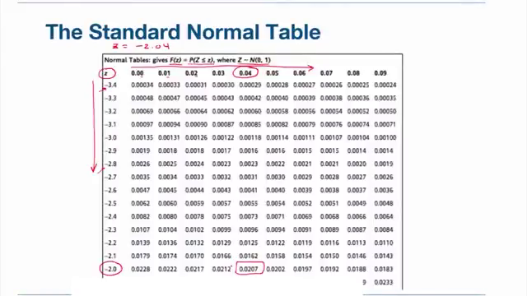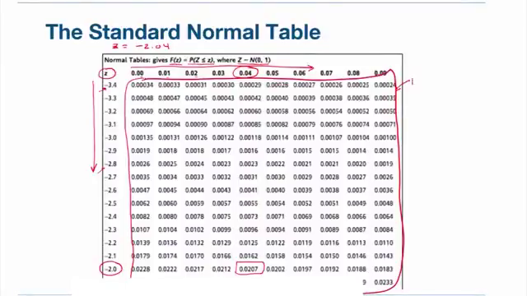Again, we are looking for the proportion of values in this standard normal that would lie below a specific value. So everything in this table is proportions, so percentages.